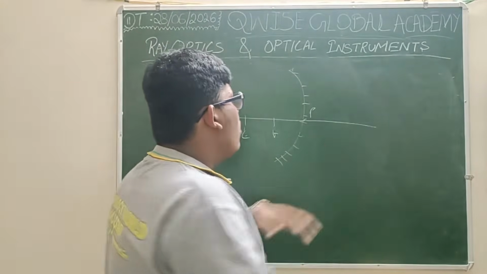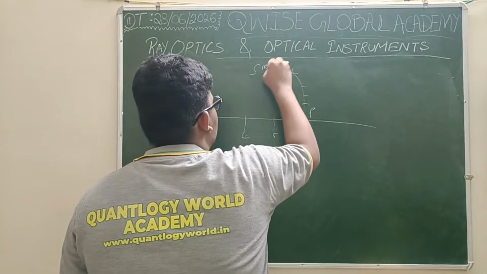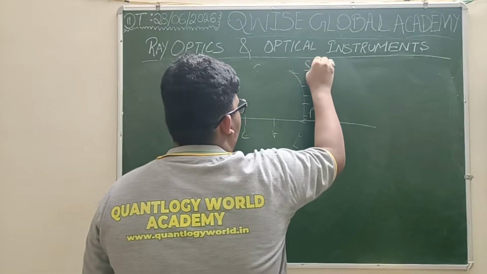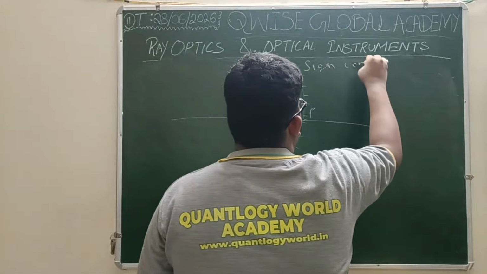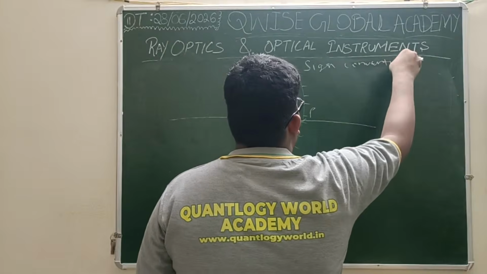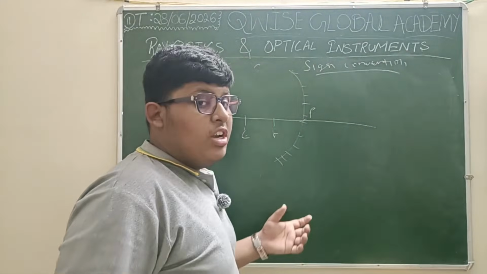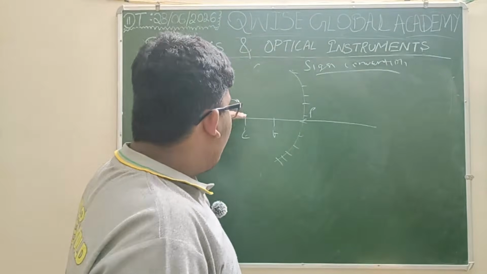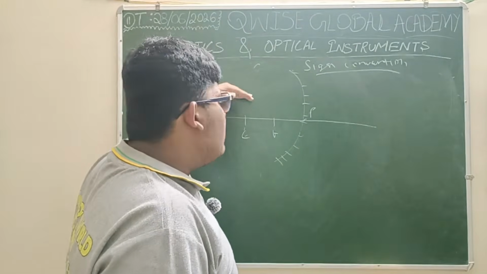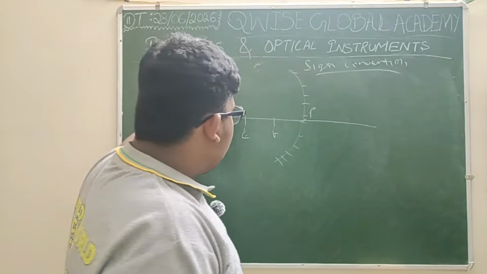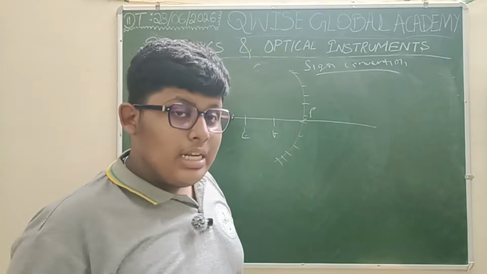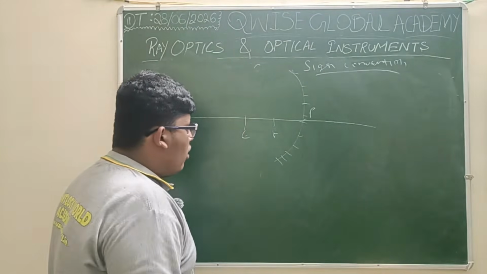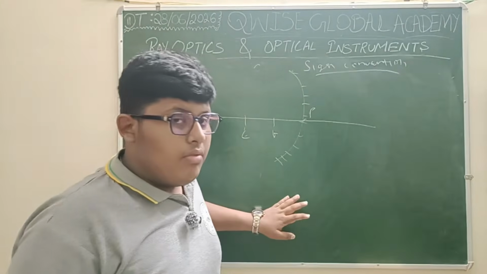This is the sign convention. Anything that lies left to the pole is negative and right to the pole is positive. And anything that lies above the principal axis is positive, and anything that lies below the principal axis is negative.